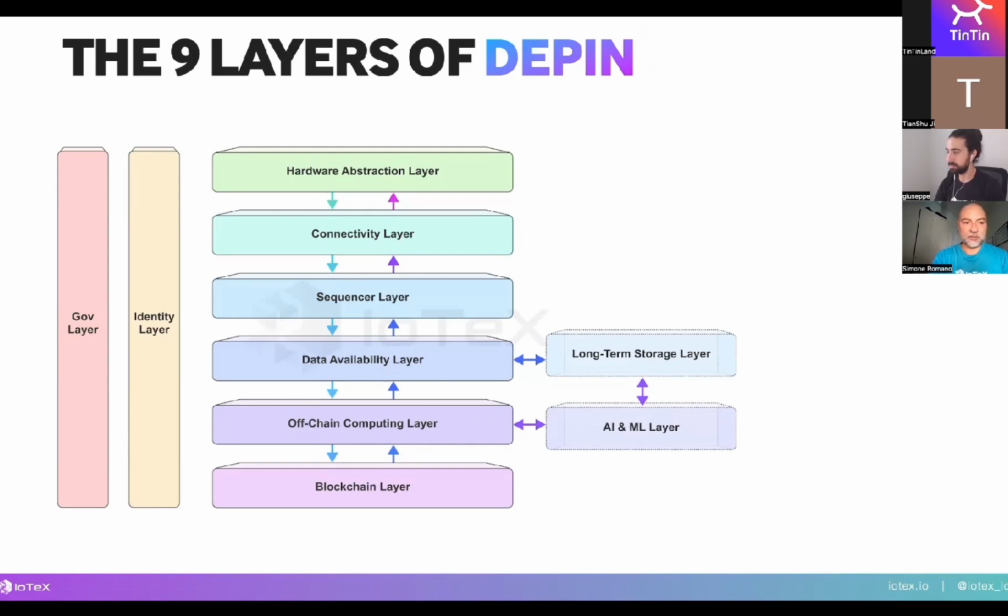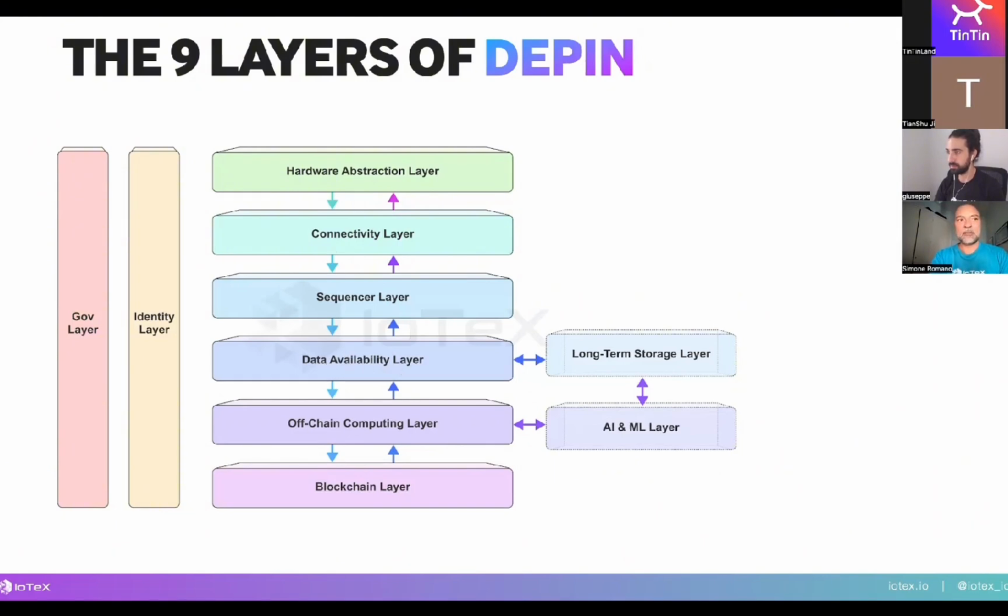The sequencer is typically the service that receives the data from the device and does some validation. For example, it authenticates the device and validates the data to see if it's consistent and if the quality of the data is right. And then it packs these data messages together in a data block and places this data block somewhere. We call this next layer a data availability layer.